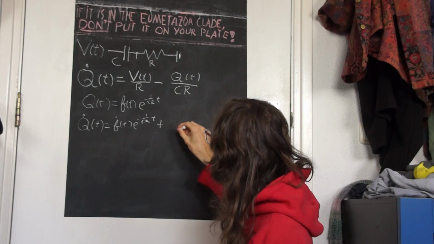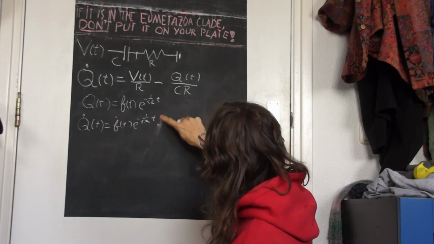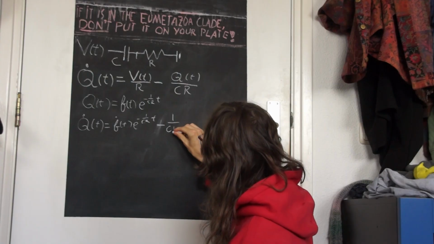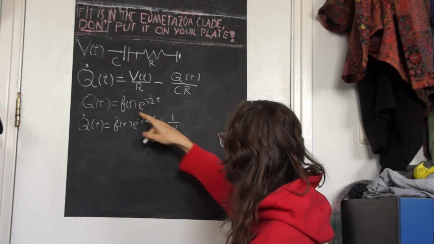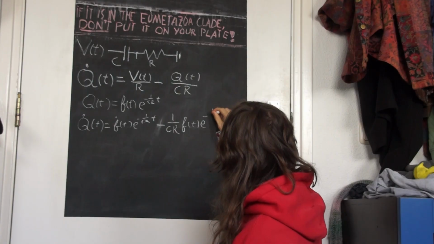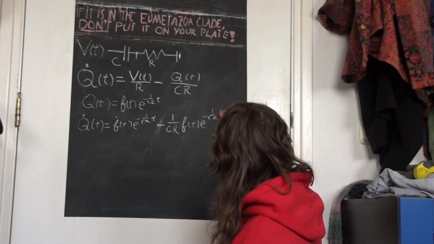We're going to subtract, of course, because we're going to get this minus 1 over CR term from this f, again, e to the minus 1 over CR t.